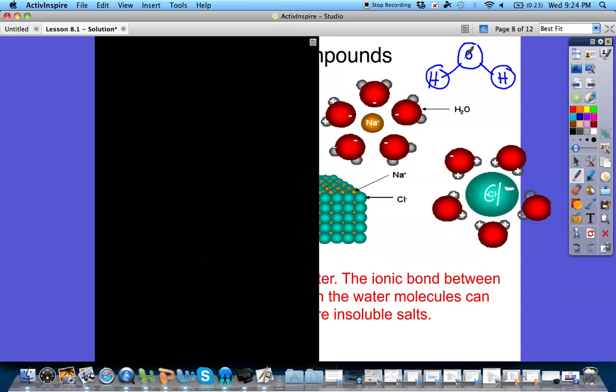The electronegativity of oxygen is greater than hydrogen, so it's going to pull the electrons towards it. So that's going to make our oxygen partially negative and our hydrogens partially positive.